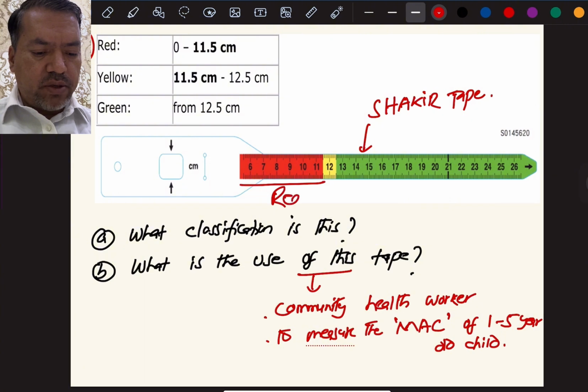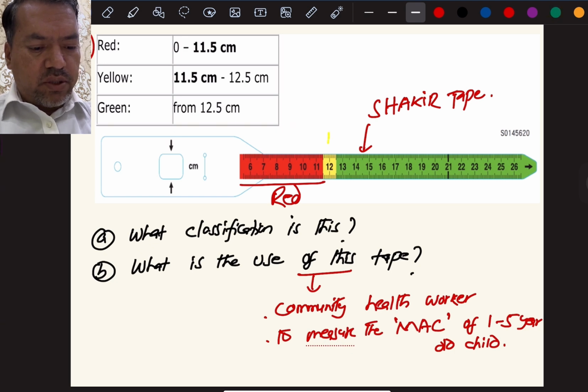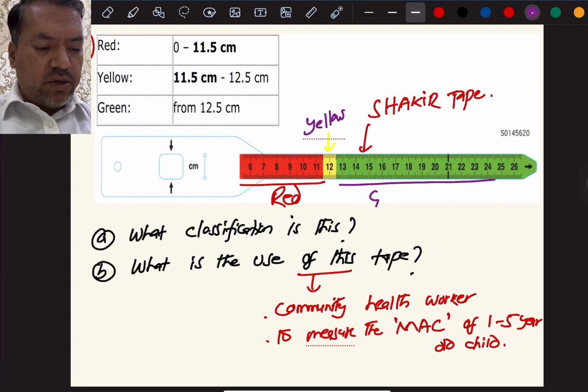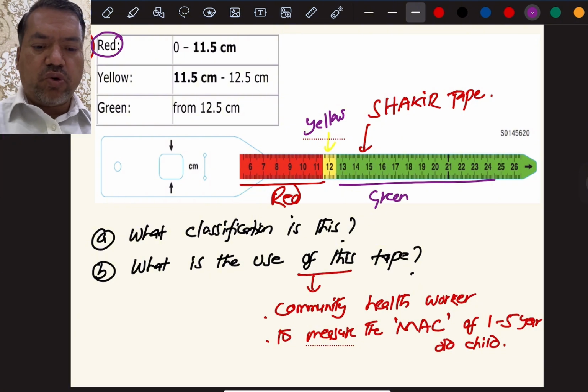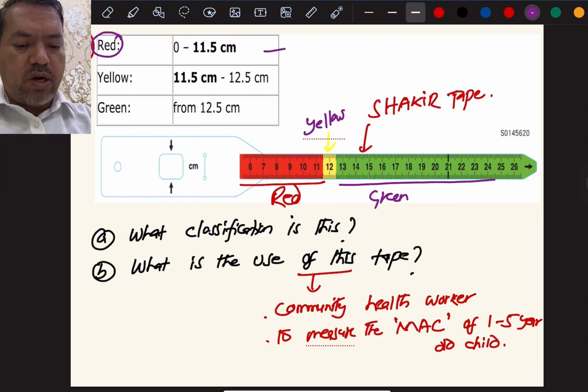This is red, the color itself is shown here. Another is yellow. See this area is yellow. And this is green. So there are 3 zones here. Now see here, if the mid-arm circumference falls in the red zone, then this is severe malnutrition.